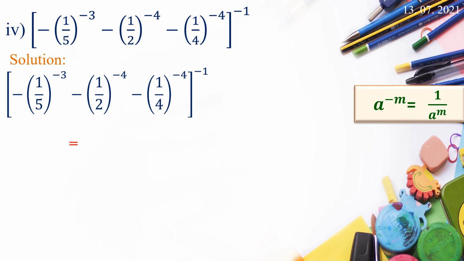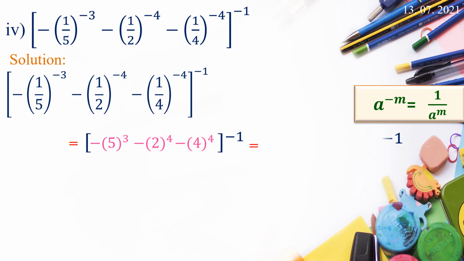Using this law, the sum becomes (minus 5 cube minus 2^4 minus 4^4) whole power minus 1. Now we know very well that 5 cube is 125, 2 power 4 is 16 and 4 to the power 4 is 256.